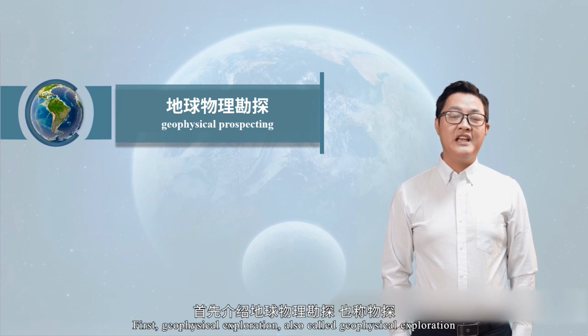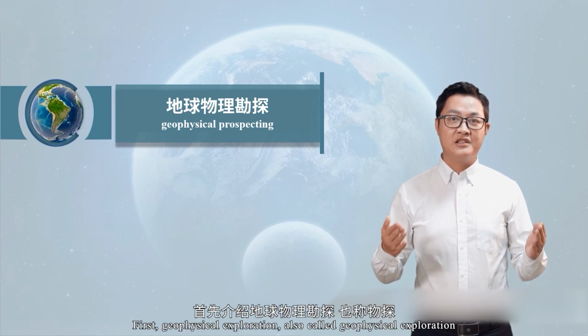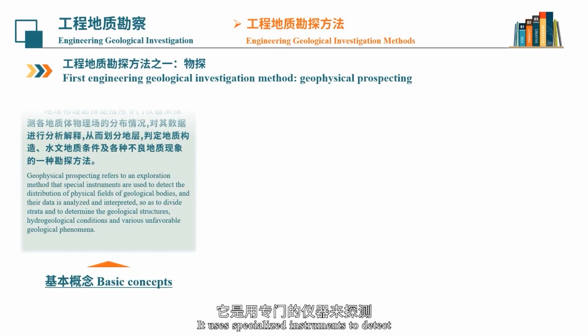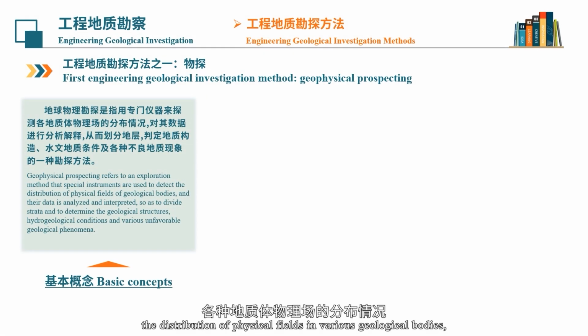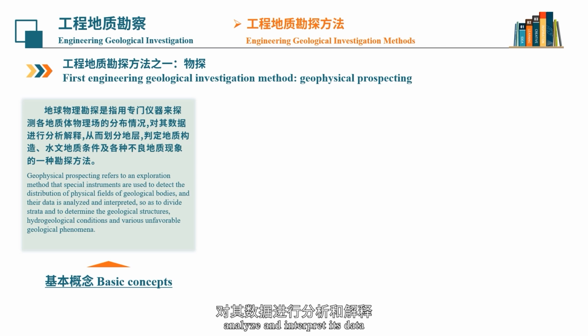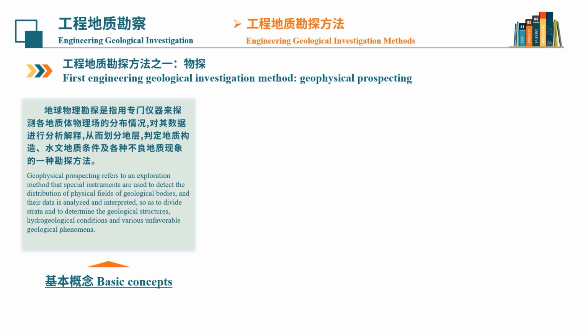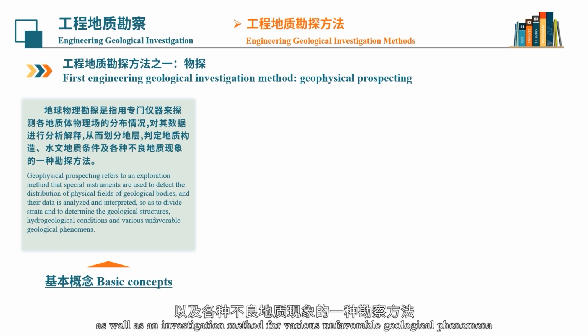First, geophysical exploration, also called geophysical prospecting. It uses specialized instruments to detect the distribution of physical fields in various geological bodies, analyze and interpret its data, so as to divide strata and judge geological structure and hydrogeological conditions, as well as an investigation method for various unfavorable geological phenomena.